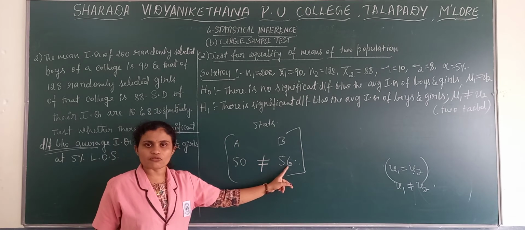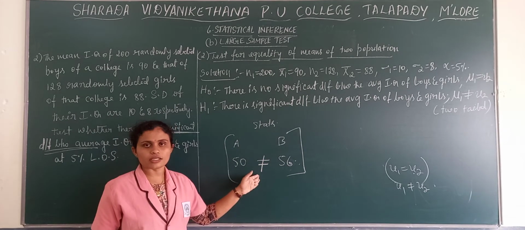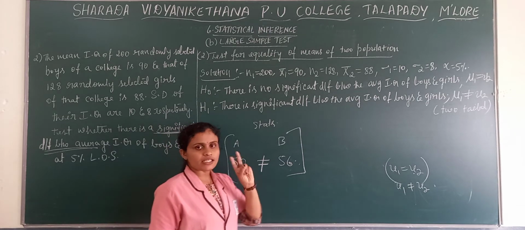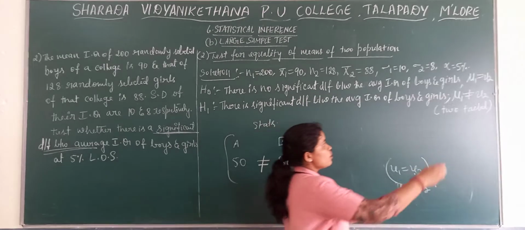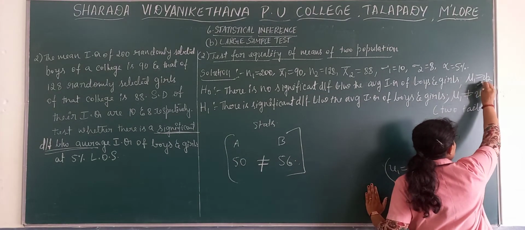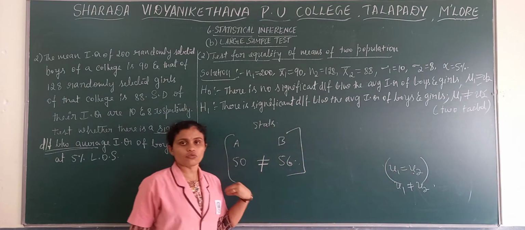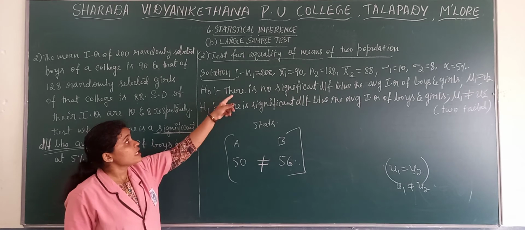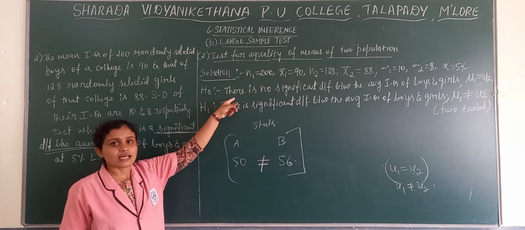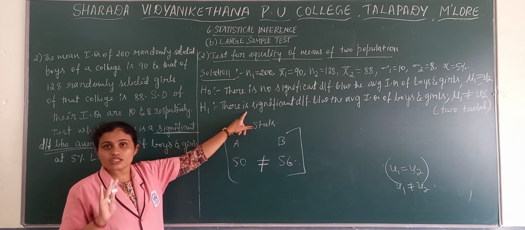We know that if it is a two-tailed test, the null hypothesis is always equal, the alternative is not equal. So we need to frame sentences accordingly. There is no significant difference, so it is equal. There is difference, so it is not equal.